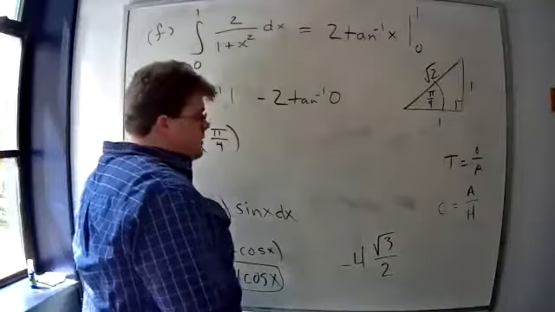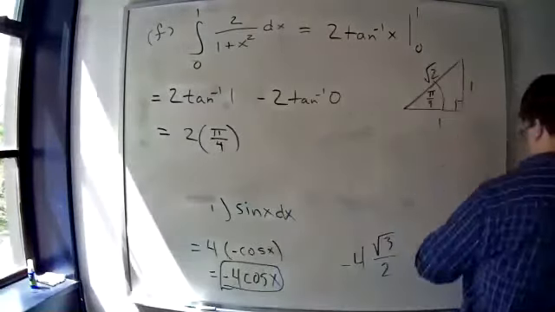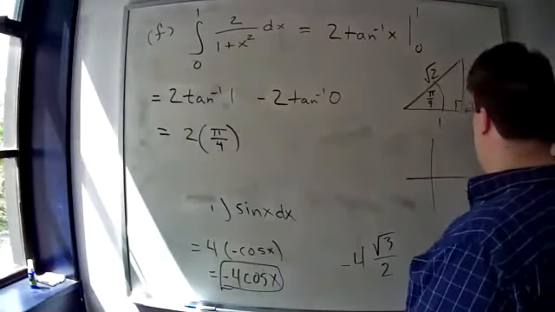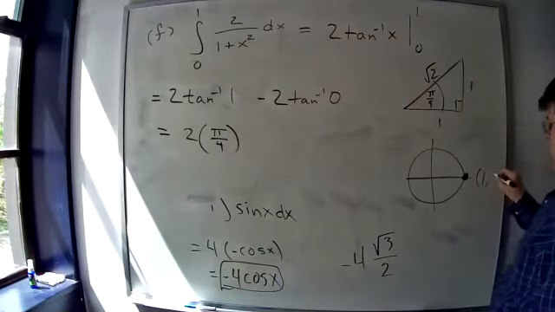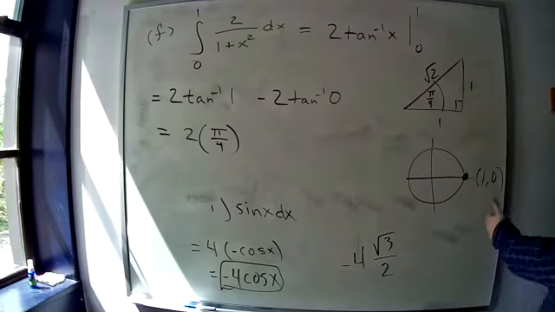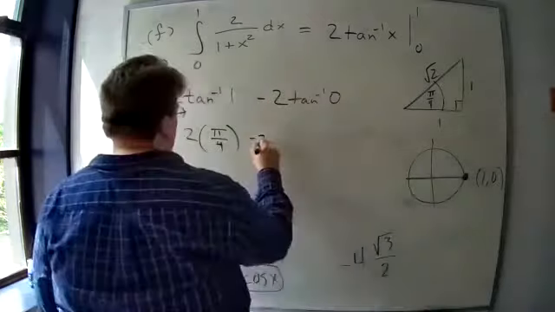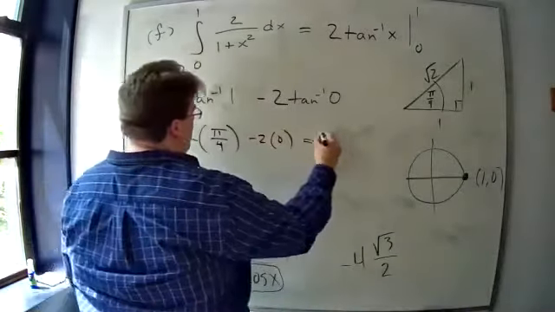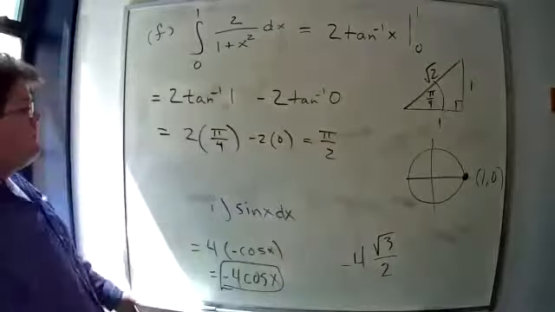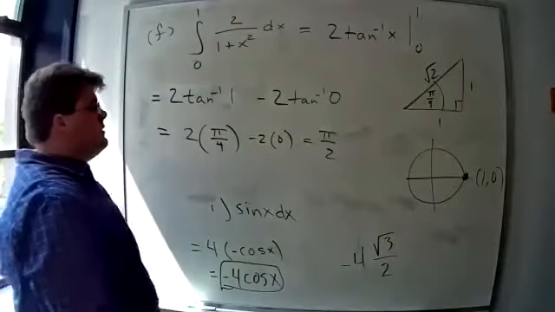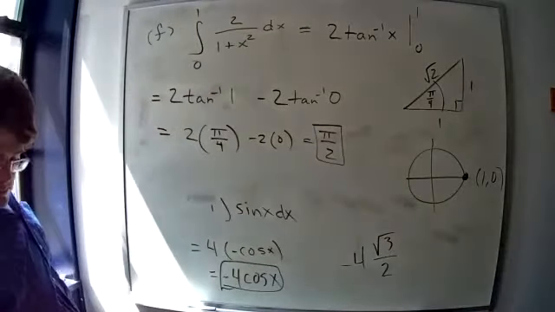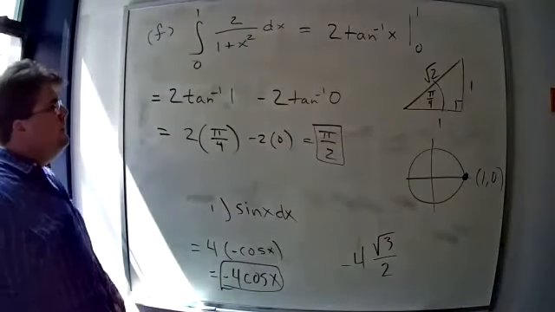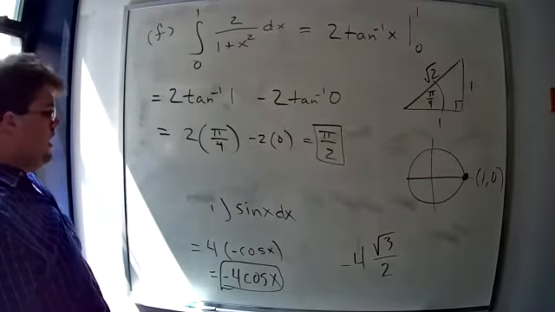The angle whose tangent is 0 is within quadrants 1 and 4. At angle 0, sine is 0, cosine is 1. So tangent is 0. So we get 2 pi over 4 minus 0. 2/4 is 1/2. Any questions about part F?